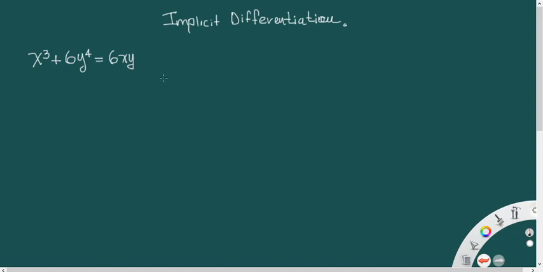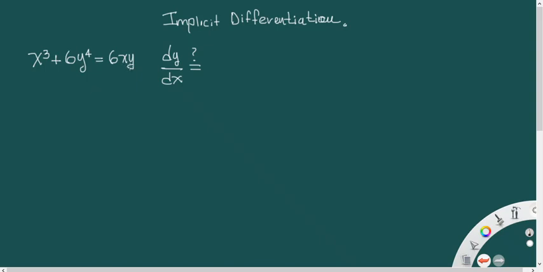Somebody is asking us to calculate dy/dx of this expression.